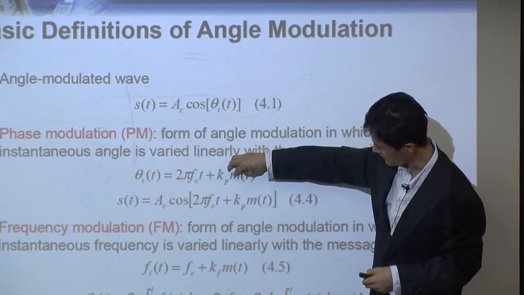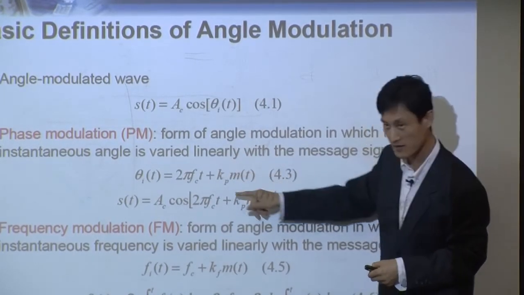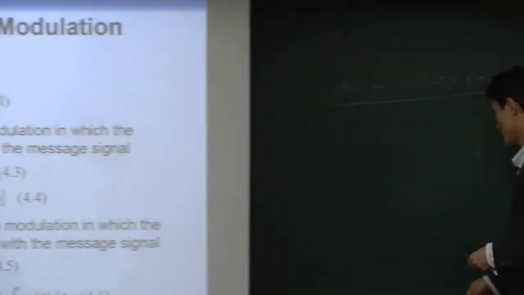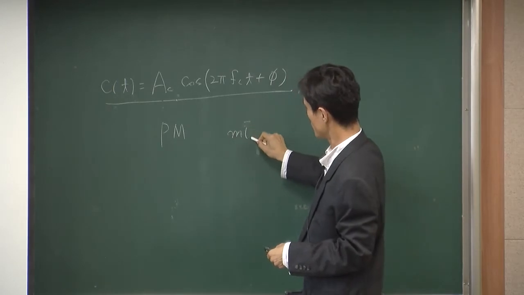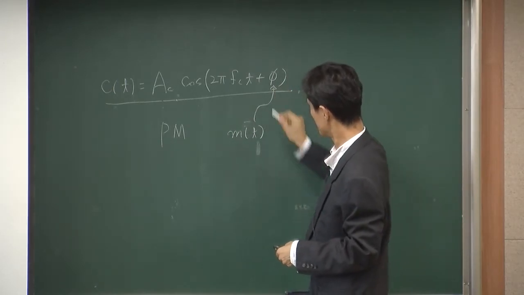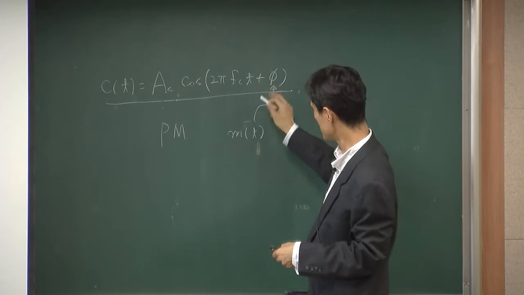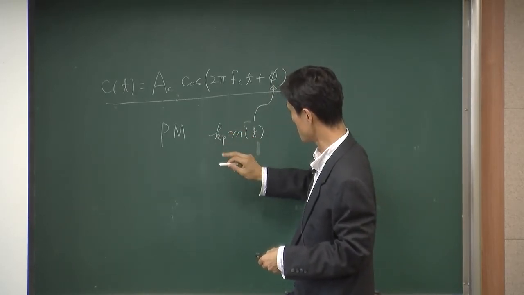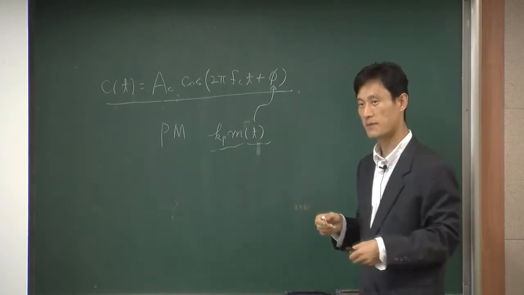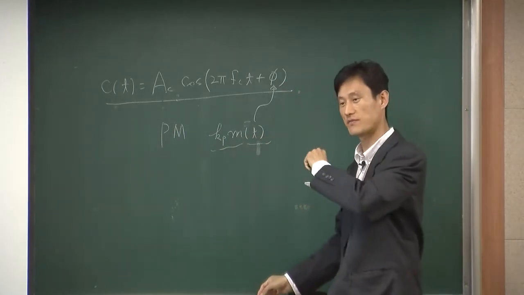So this is the same as phi, right? So in PM, phase modulation, we want to put the message into here. How to do that: put the message here, and multiply by some gain, Kp. That's our message. That's how you put the message into the phase.